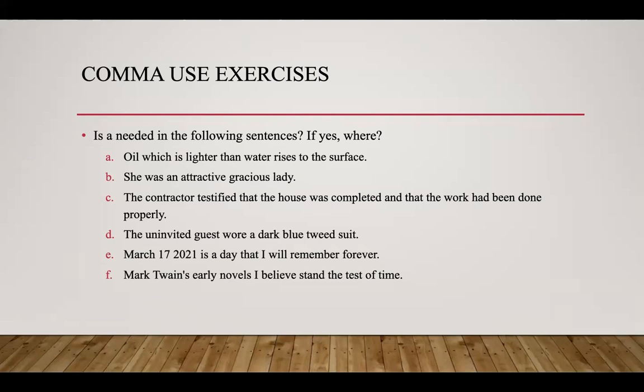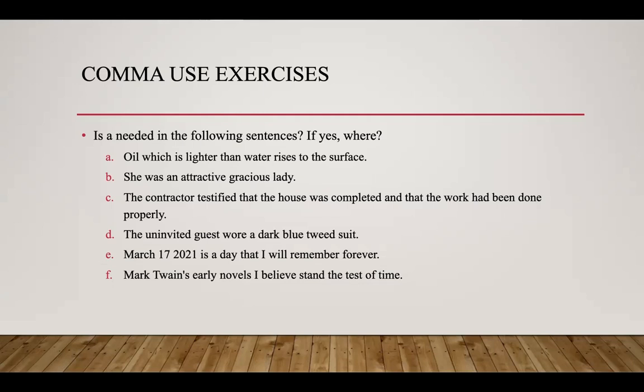Number D: the uninvited guest wore a dark blue tweed suit. Do we need a comma? I see a controversy here, and I see yes, yes, yes.